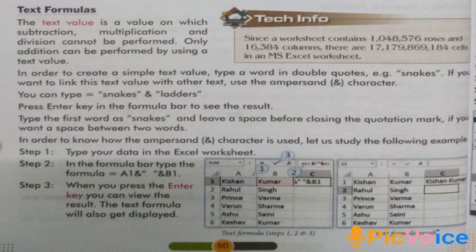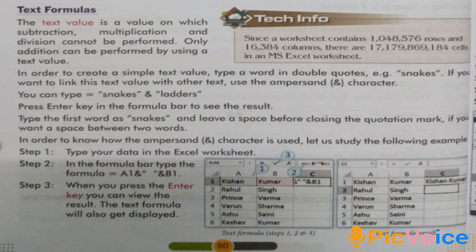Dear students, before we knew that in a numeric value we can perform subtraction, multiplication, division and addition. But in text formulas, by using the text value we can perform only addition.